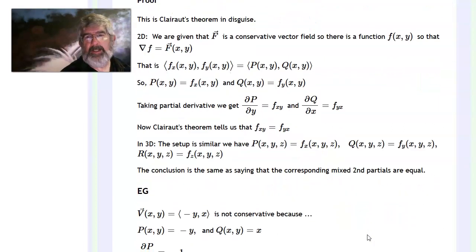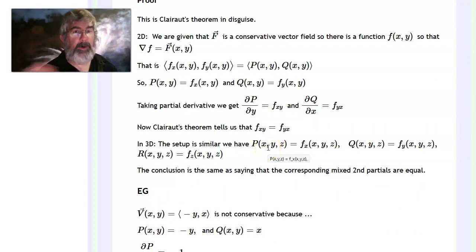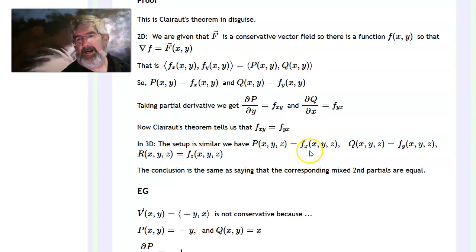Likewise, in R3, of course, there's three components to the vector field, P, Q, and R, and there's three components to the gradient of f: partial with respect to x, partial with respect to y, partial with respect to z, right? And so P has to equal the partial of f with respect to x, Q has to equal the partial of f with respect to y, and R has to equal the partial of f with respect to z.